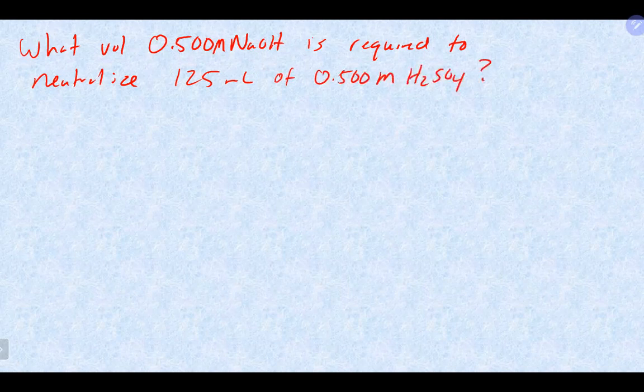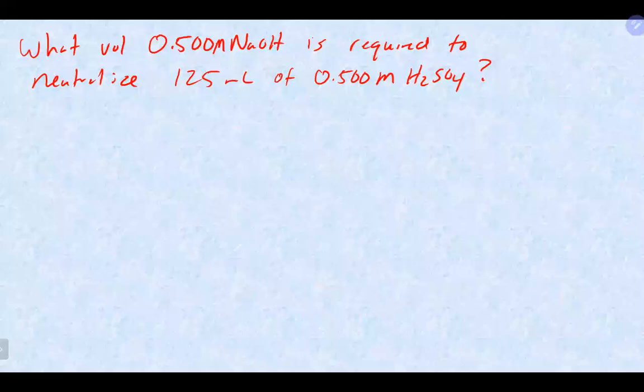All right, so let's give that a try. What volume of 0.5 molar sodium hydroxide is required to neutralize or react 125 milliliters of.